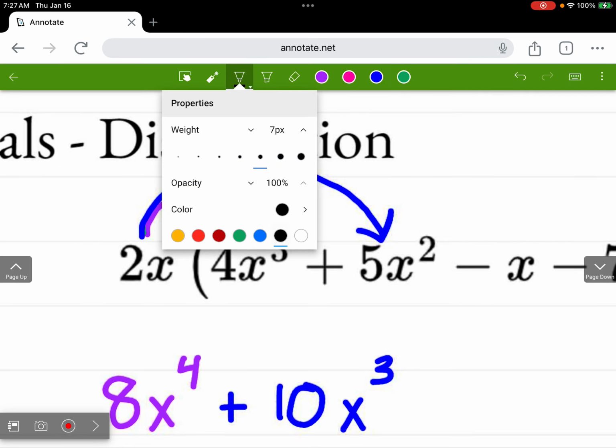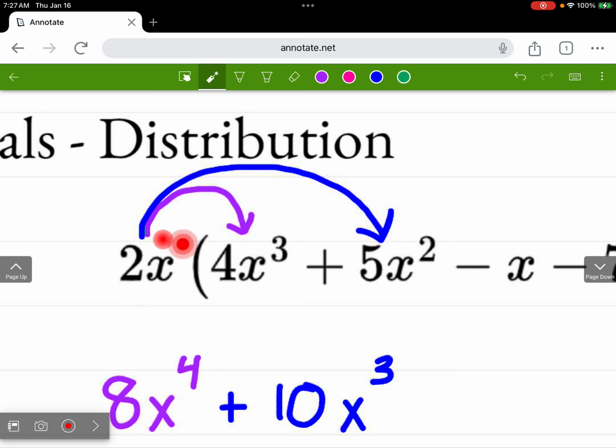Where these are coming from is the fact that our x has a power of 1. If there's no exponent here, it has a 1. And what we're doing is adding 3 plus 1 gives us 4, 2 plus 1 gives us 3. So that's one way to think of it and how we're getting these numbers. Or I can think of it as x times x times x. There are 3 x's there.